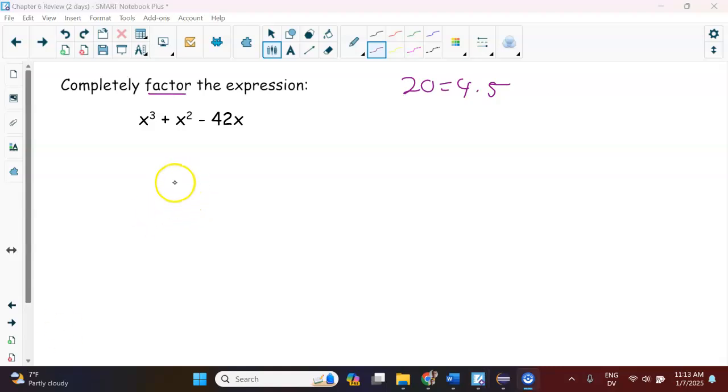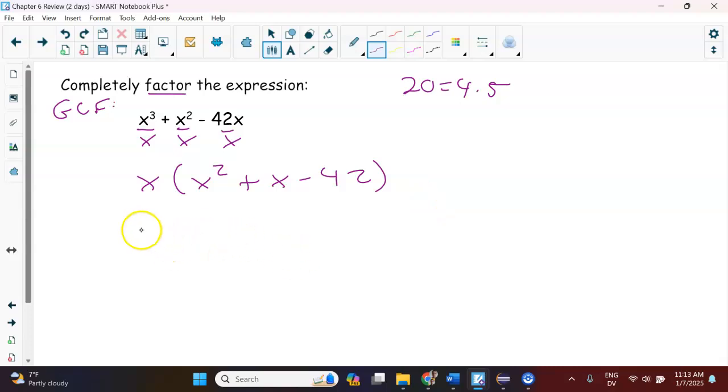Okay, so on any factor question, the first thing we should look for is a GCF. And they won't always have a GCF, but on this one they do. So here we can pull out an x out of all of these and put it in the front. So I'm going to put the x in front, and that will lower the exponents by 1. Okay, and then from there, this is sort of a sub-problem.